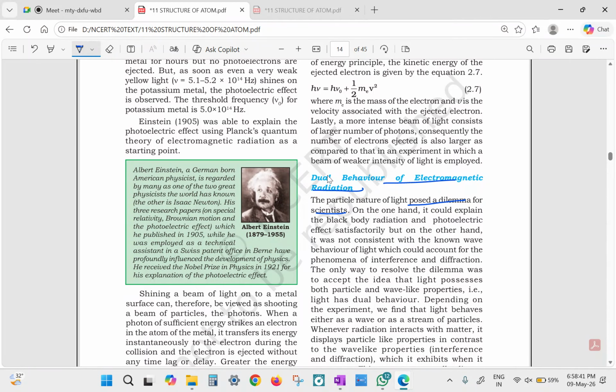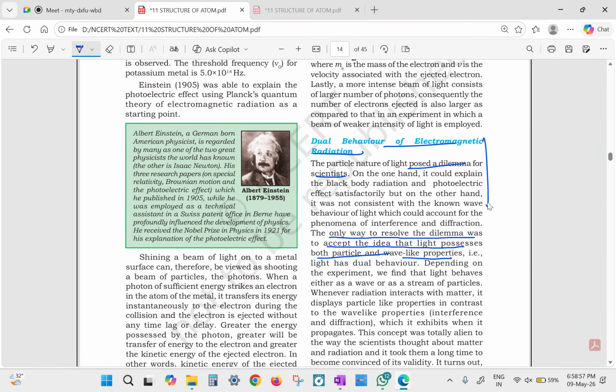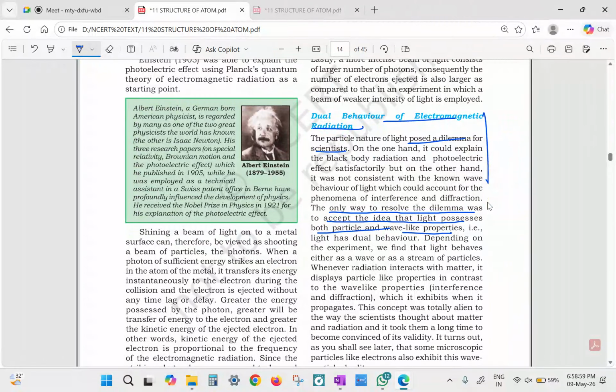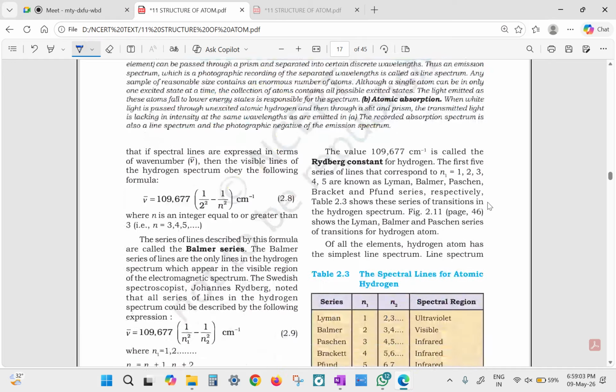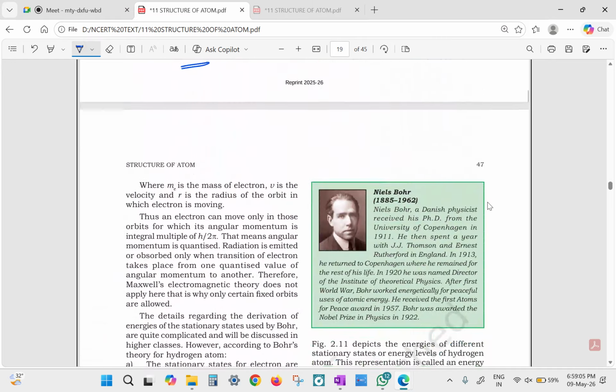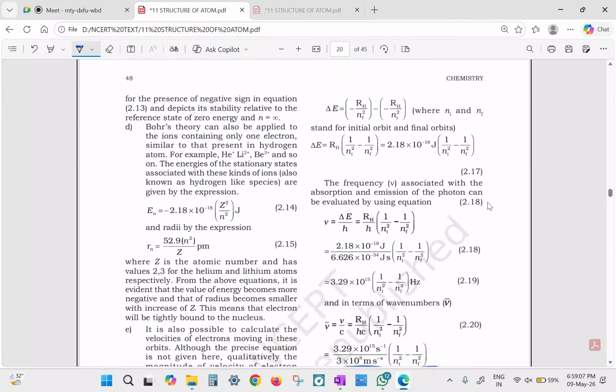The only way to resolve the dilemma was to accept the idea of light possessing both particle and wave-like properties. So it was not very ancient that people talked about the dual behavior of electromagnetic radiation. Now we are forced to talk about the dual behavior of matter.